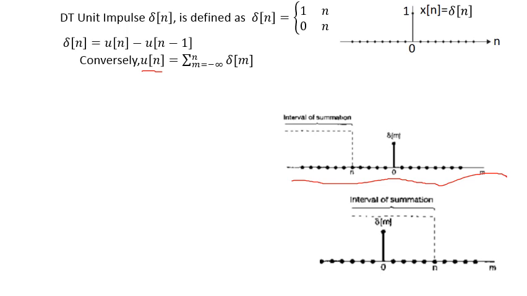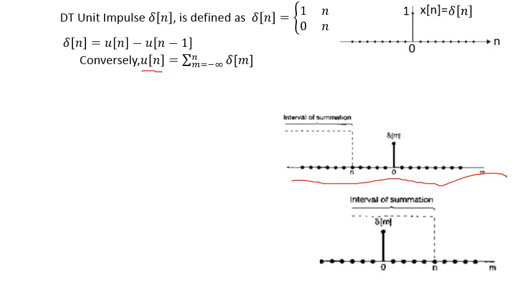What does that mean? It means if we sum the impulse from minus infinity up to n, and in this case you can see it's clear that the value of n is greater than 0. So in this case it will result into 1, and also by the definition of the step function the value should be 1 because n is greater than or equal to 0, right?